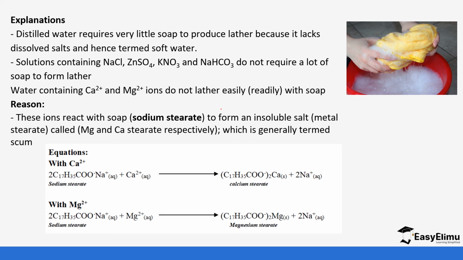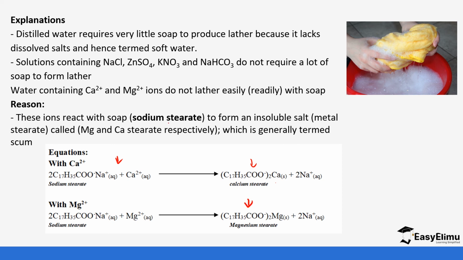In the equation below, you can see the sodium stearate reacting with calcium. There is an interchange of cations so that it forms calcium stearate, which is now the scum, and sodium. The same happens with magnesium. It reacts with the sodium stearate, and there is an interchange of cations to form magnesium stearate, which is a scum.